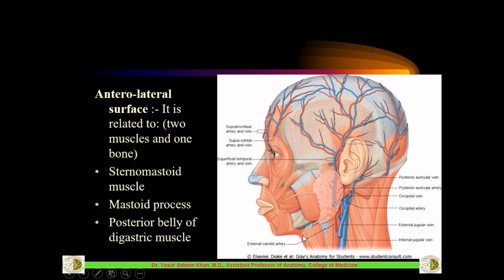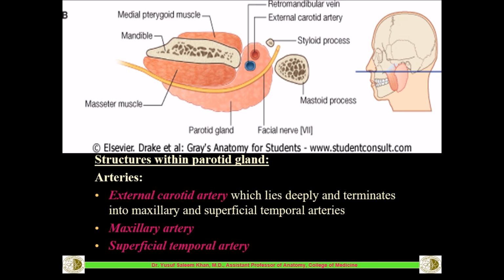So the posterior belly of the digastric will be deep inside here, with the sternocleidomastoid here, and the mastoid process. So these are the two muscles, the posterior belly of the digastric and the sternocleidomastoid muscle, and the bone is the mastoid process. So these are the relations of this parotid gland.